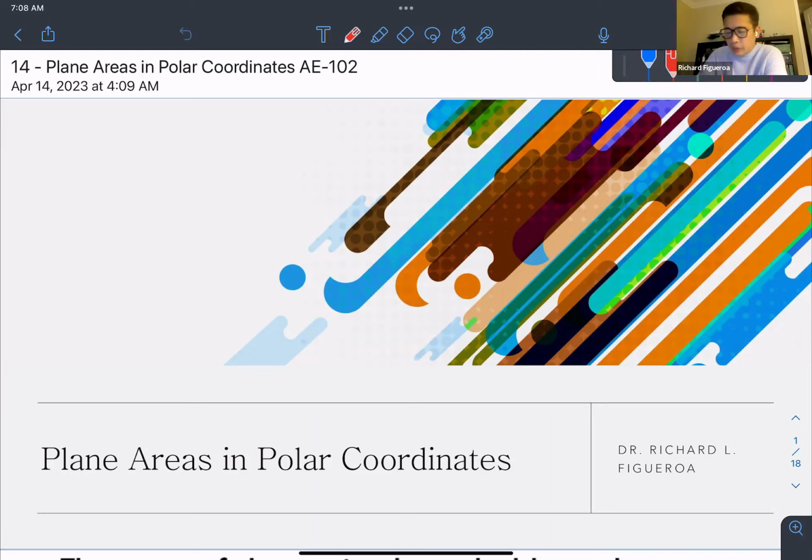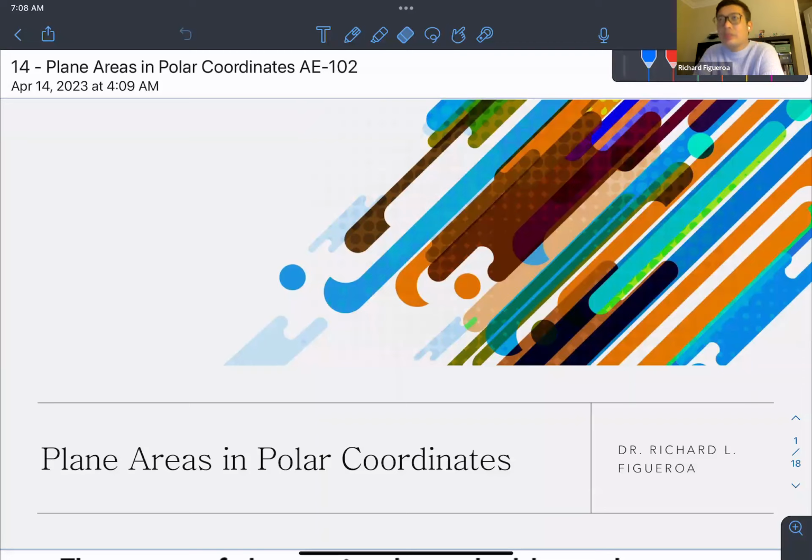This time around, we'll have the polar curves. Polar curves in itself encloses a certain area. For example, we have a circle, so it has an enclosed area.